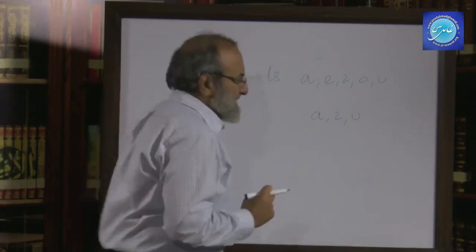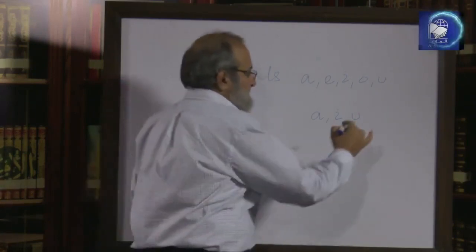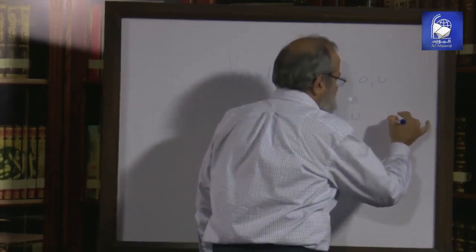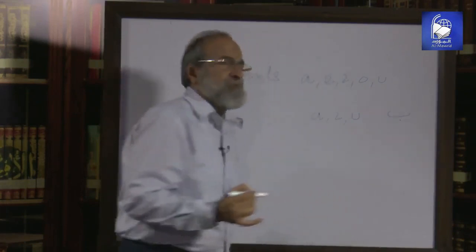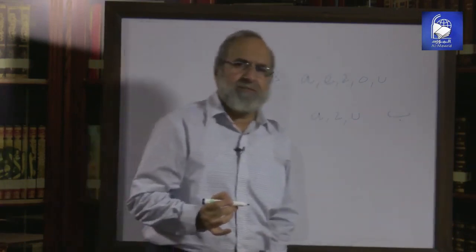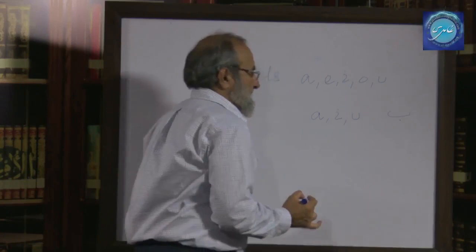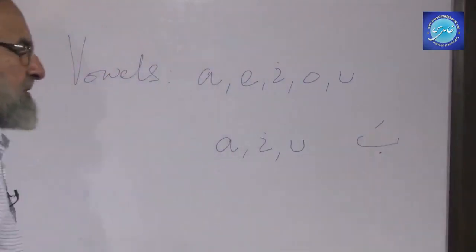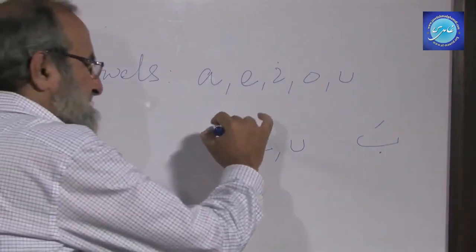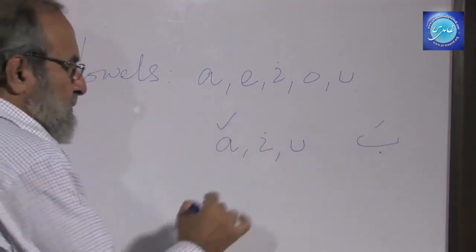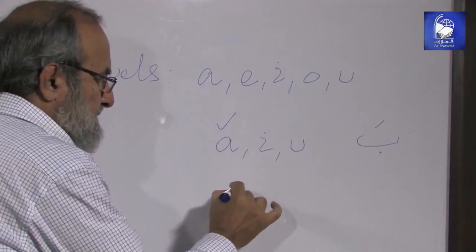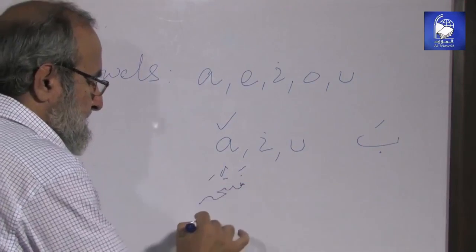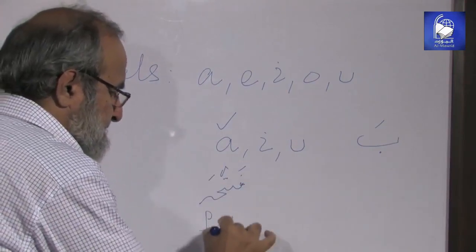They are represented by three symbols, which if I use, let's say, ba as an example to show how vowels appear, you will have this mark to show the equivalent of A, which is called fatha.